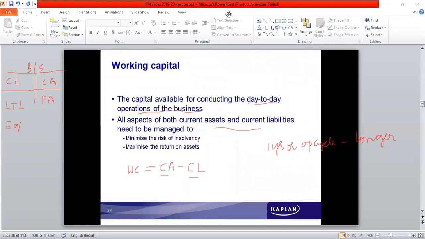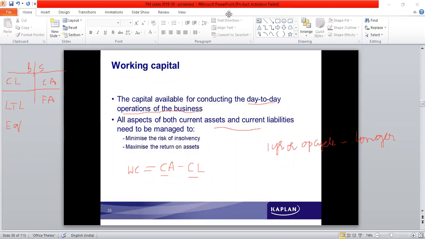If the creditors feel that the business is unable to make payments in future, the other stakeholders will not be willing to be associated with the company. So for that reason, meeting the current liabilities on the due date is very, very important.